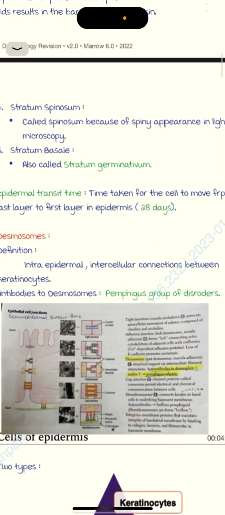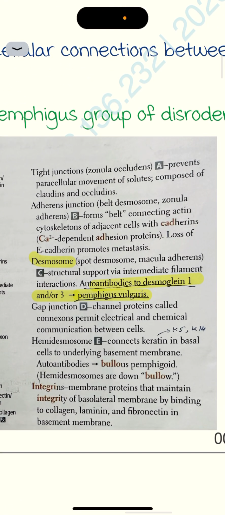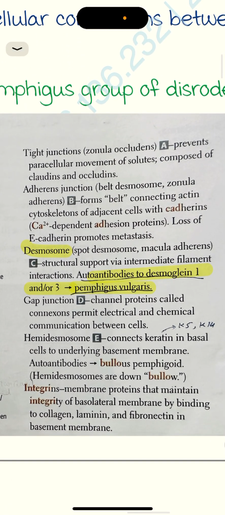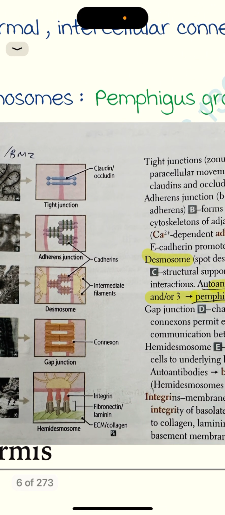Now let's see desmosomes. These desmosomes give structural support via intermediate filament interactions, and autoantibodies against desmoglein 1 and or 3 cause pemphigus vulgaris. These are desmosomes.